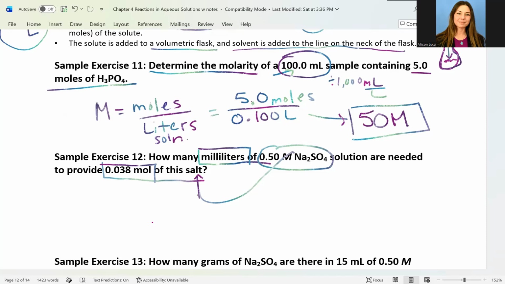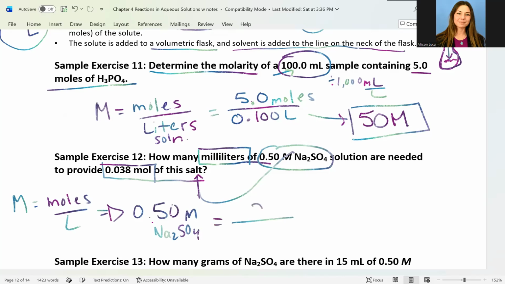So I'm going to use the same equation where molarity is moles divided by liters. I'm going to plug in what I'm given here. So I'm given a concentration, 0.50 moles per liter of my Na2SO4, my sodium sulfate, is going to be equal to the moles divided by volume.